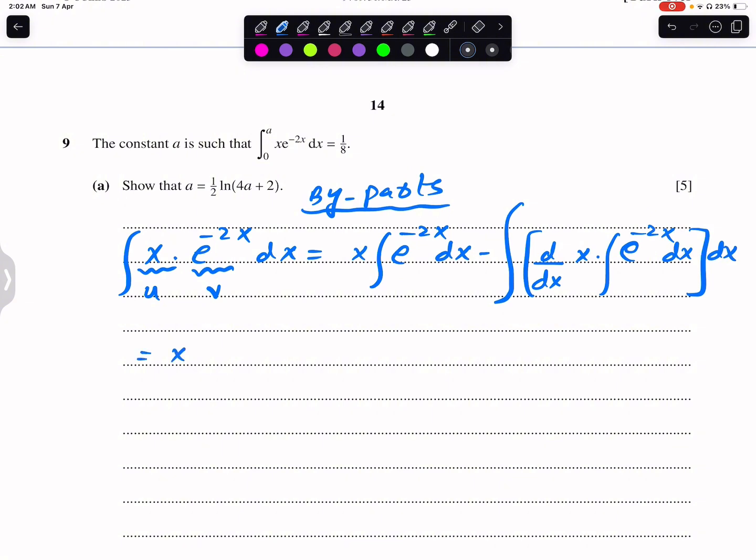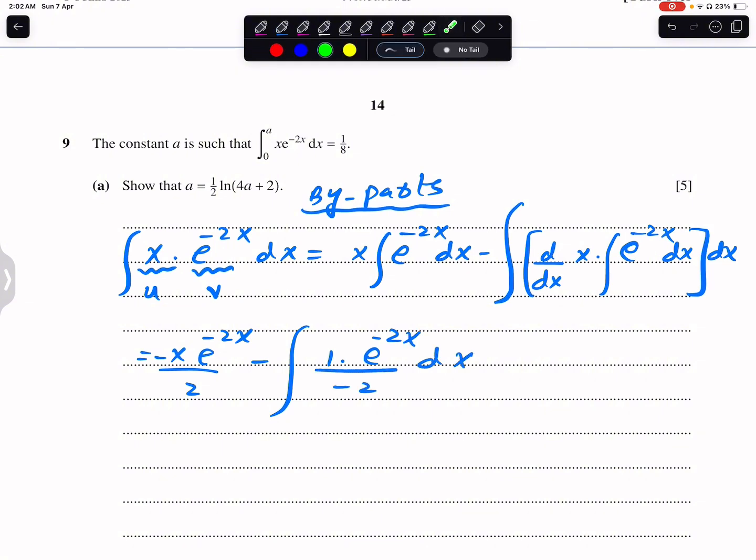X times integral of e raised to power minus 2x is e minus 2x over minus 2, then derivative of x is 1 times e raised to power minus 2x divided by minus 2 dx. Now this dx is coming outside the bracket, okay? This whole answer is this thing.